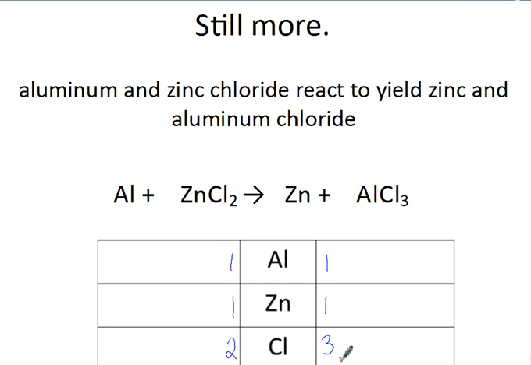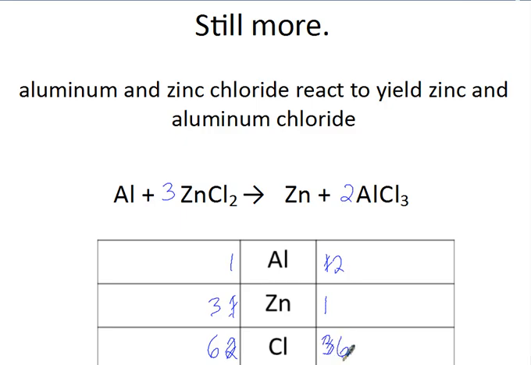So if I do my cross, if I put a 3 over here and a 2 over here, this 3 will give me 3 zinc and 6 chlorine, and it'll give me 2 aluminum and 6 chlorine here.